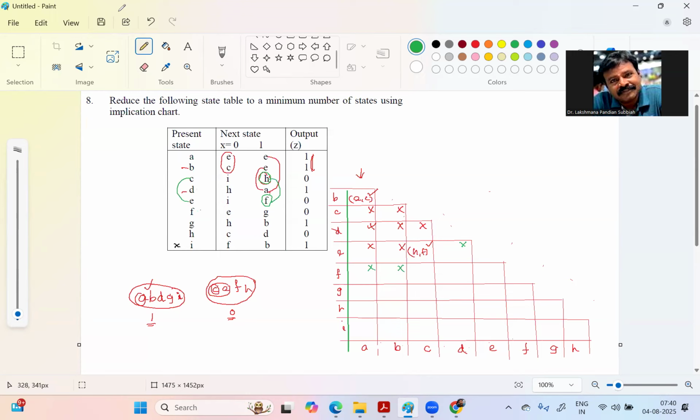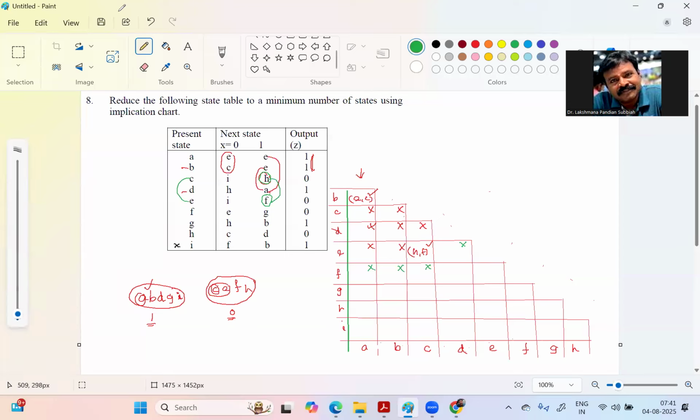Then CF. CF is the same group, then we have IE, which is different, so this is not possible. FG is a different group. Then we have no DF.